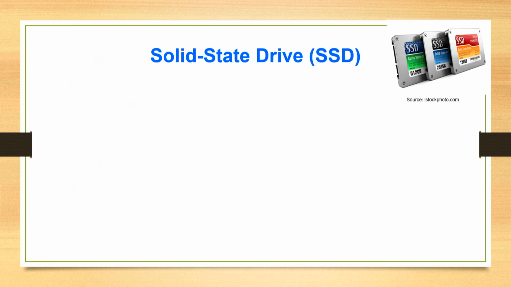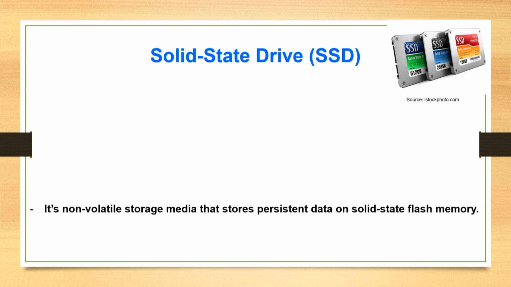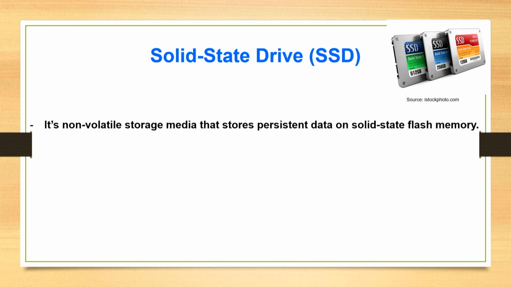Next one is SSD. SSD means what? Solid state drive. It is a non-volatile storage, meaning it stores the data permanently, and these are faster and more reliable than hard disks.